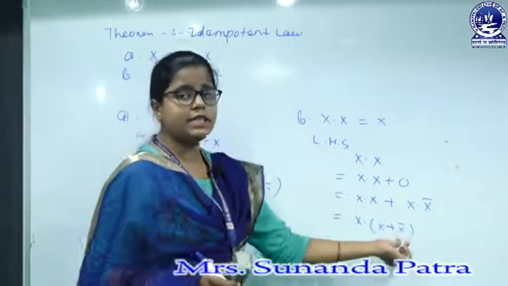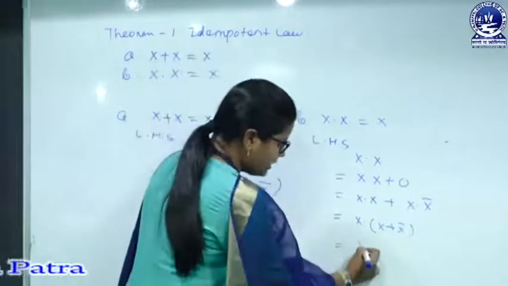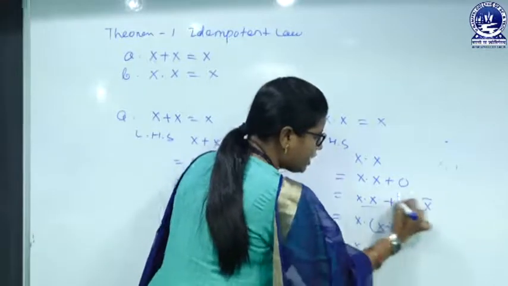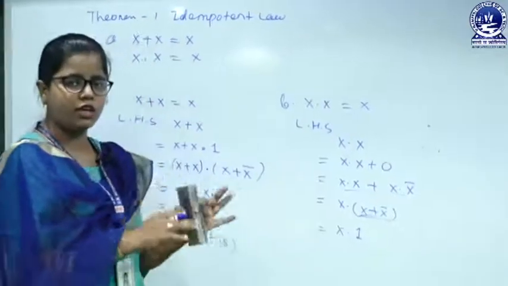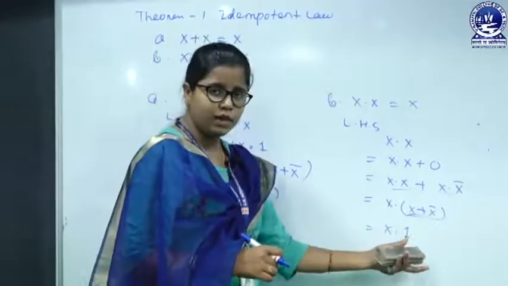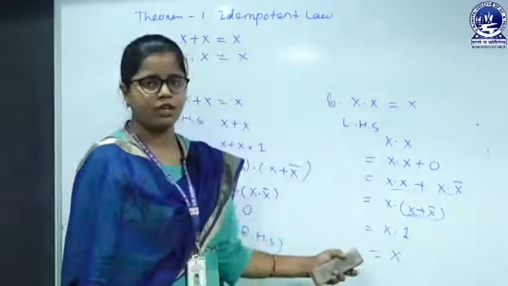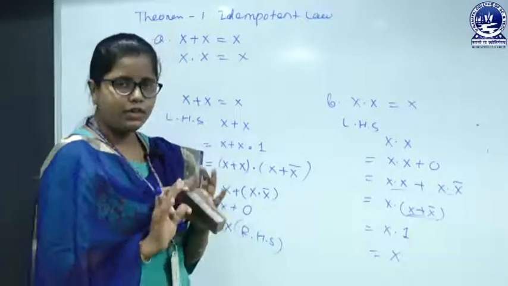So x plus x complement is what? x plus x complement is 1. So x into 1. This thing we have already covered in our last video lecture, the basic laws in Boolean algebra. When x is multiplied with 1, that will result in x.